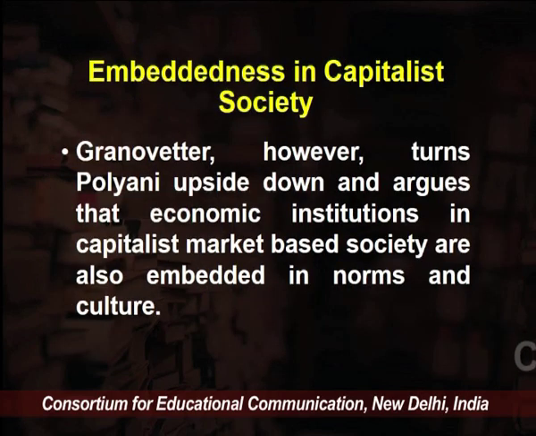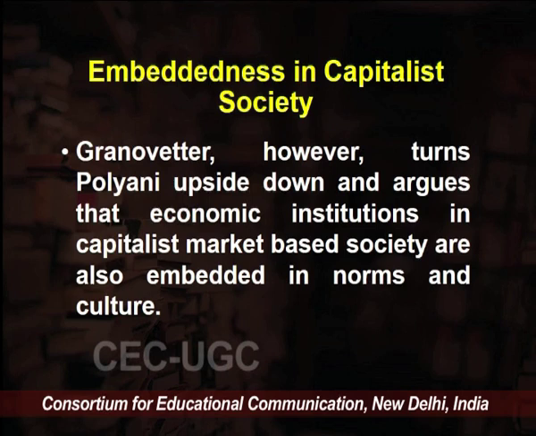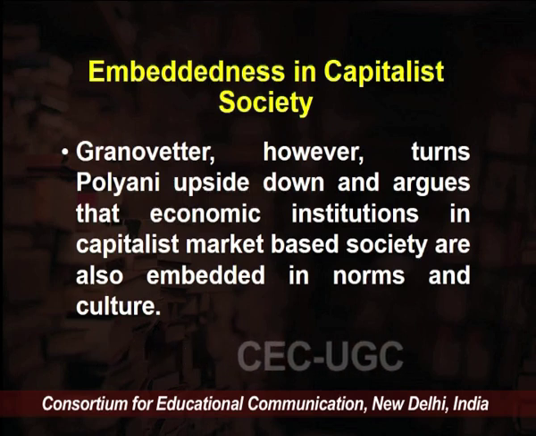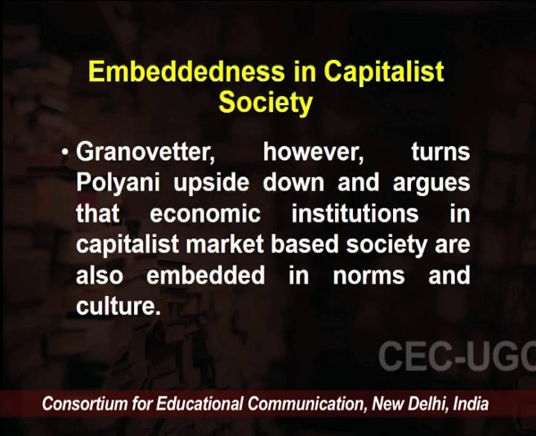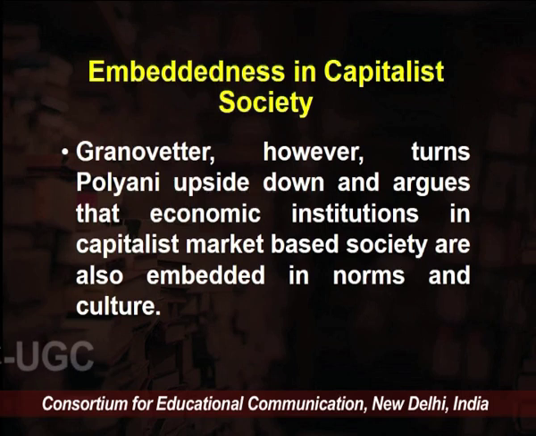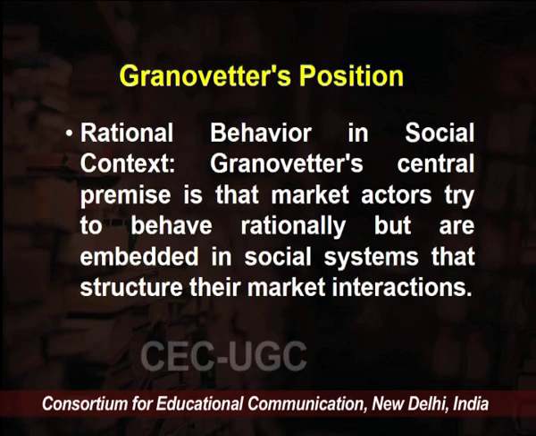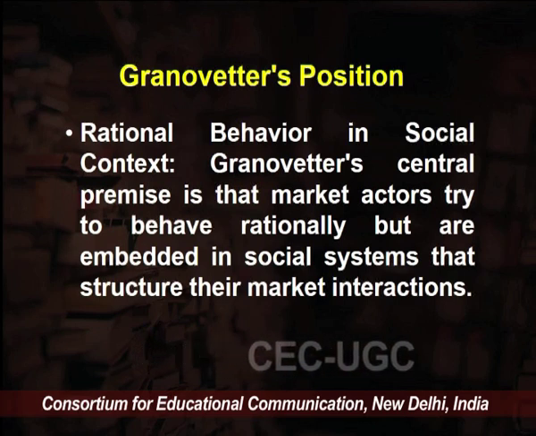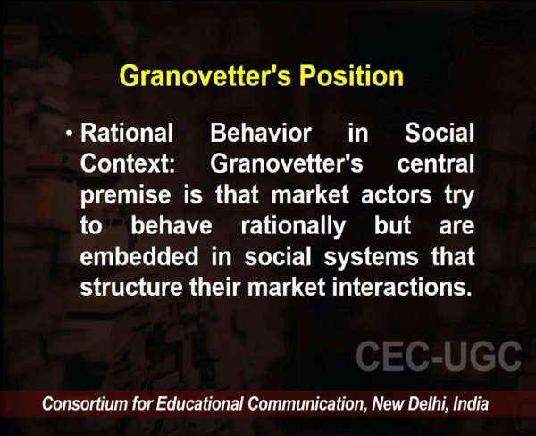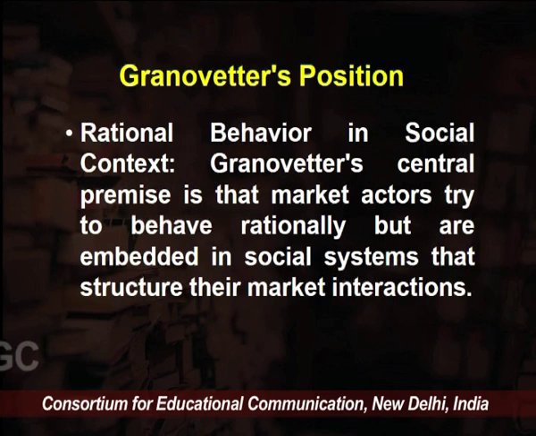Granovetter, however, turns Polanyi's argument almost upside down and argues that economic institutions in capitalist-based markets are also embedded in norms and social structure. Rational behavior in the social context: Granovetter's central premise is that market actors try to behave rationally but are embedded in a social system that structures their market interaction.